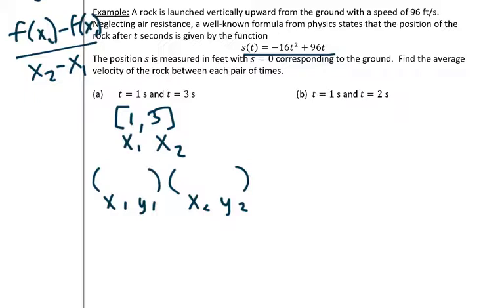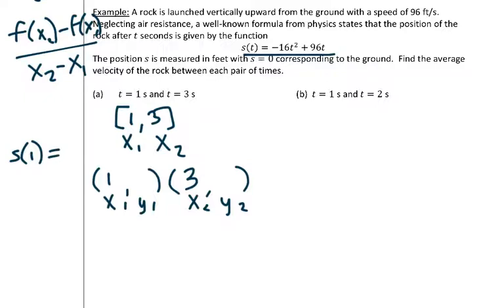And so how do I find those points? Well, they've given us the x values, or the interval. In this case, I'm using x, but it's really t for time. I have 1 and I have 3. So how do I find those y values, or in this case the s value? Well, you're going to plug it in, you're going to substitute. So if I want to know what the y value is when x is 1, I'm going to plug 1 into the s function.